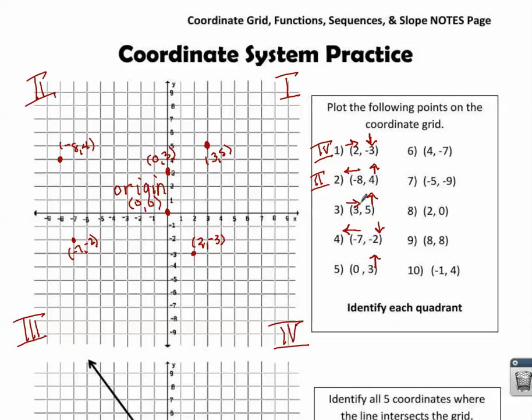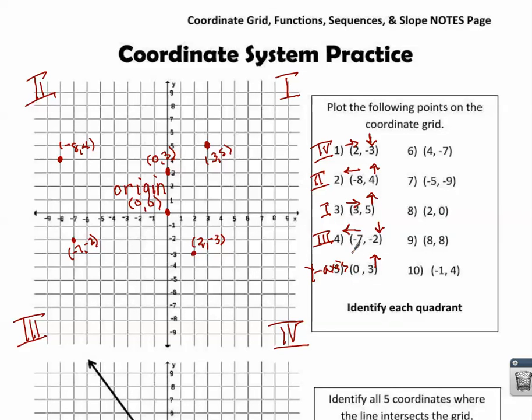Number 3, (3, 5), they're both positive. That puts it in quadrant 1. (-7, -2), they are both negative, so that puts it in quadrant 3. Number 5 at (0, 3), that puts it on the y-axis.